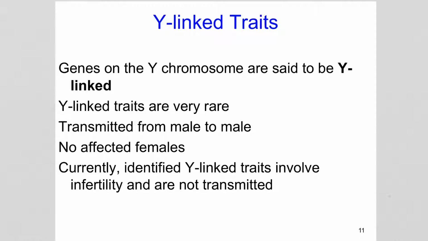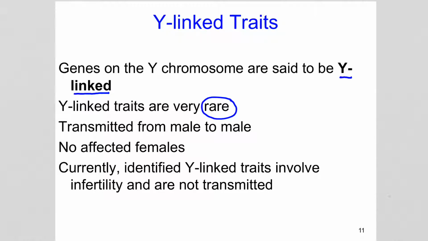And it all depends on which of the chromosomes the genes are on. So if the genes underlying a particular disorder or phenotype are located only on the Y chromosome, we call those Y-linked.